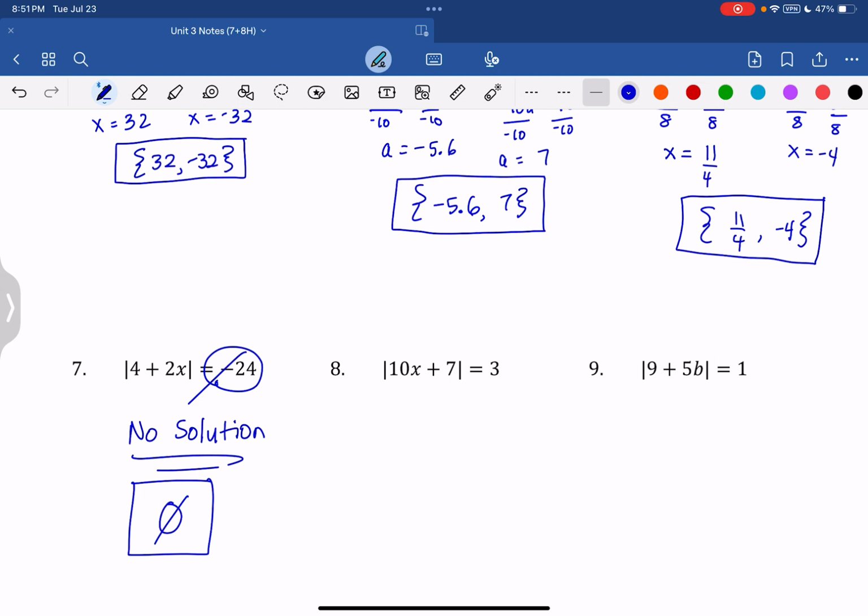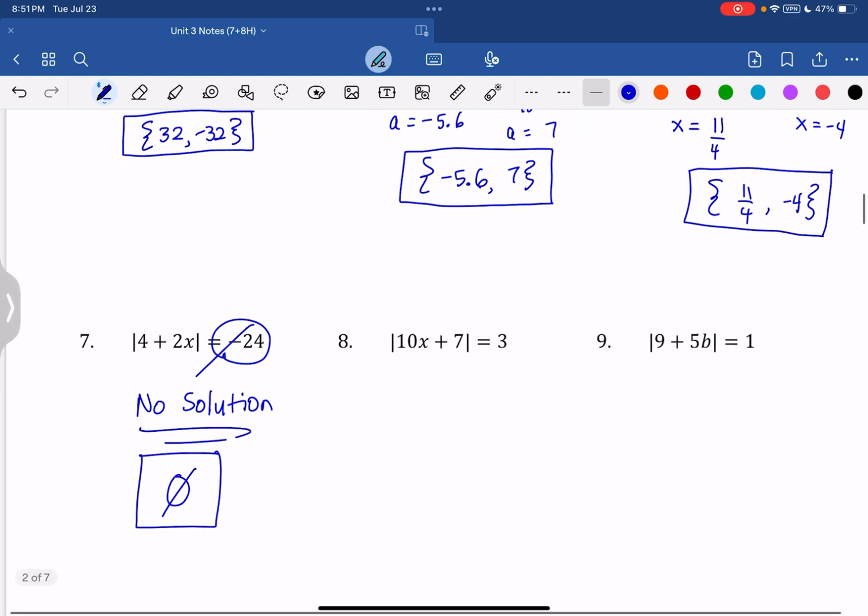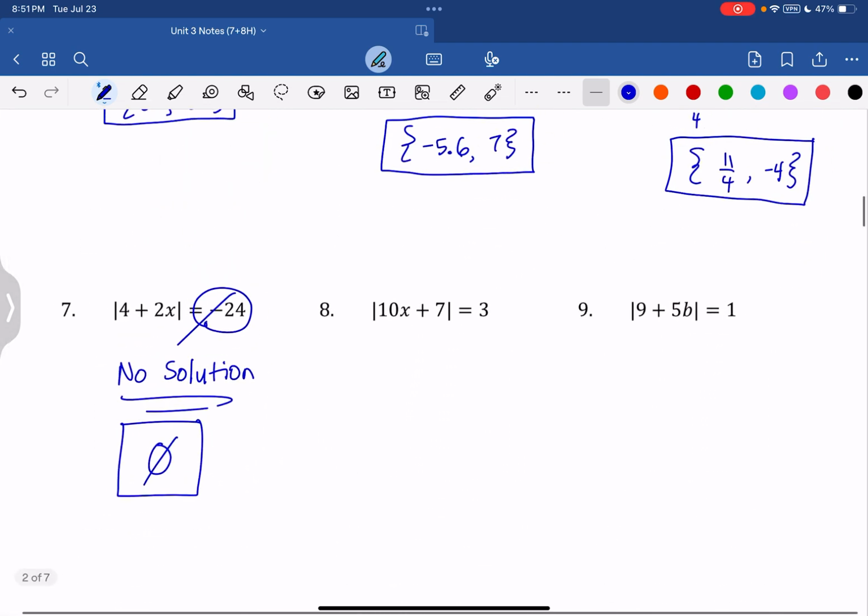Okay, maybe let's do 2 more. Are there any super complicated ones? You can always finish these on your own if you want.